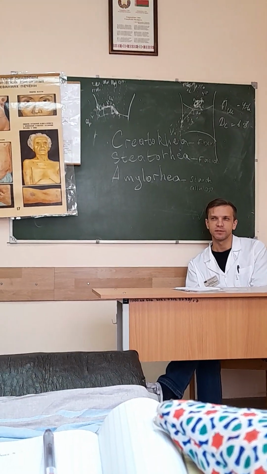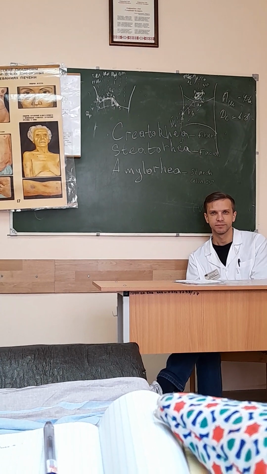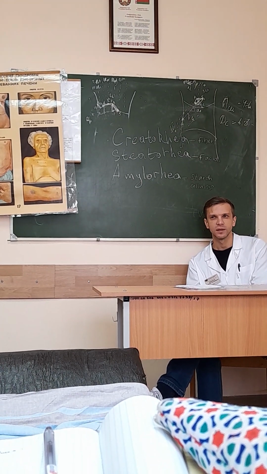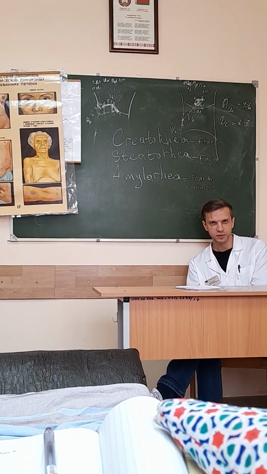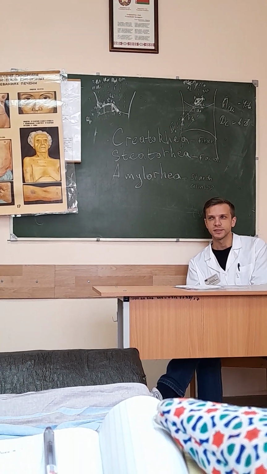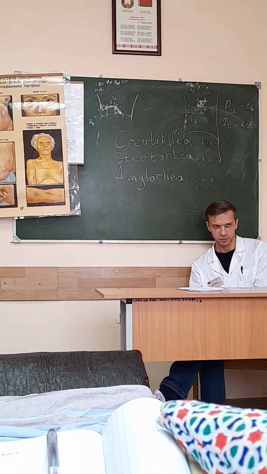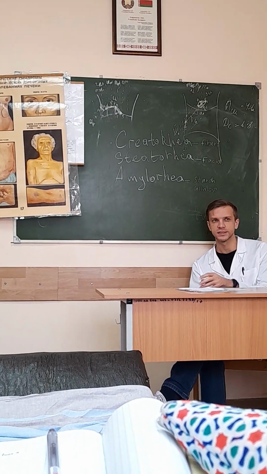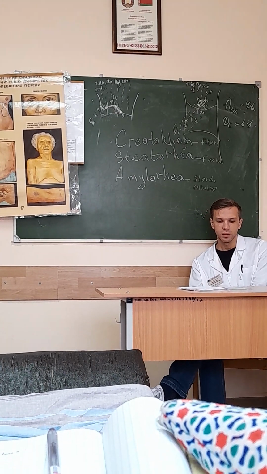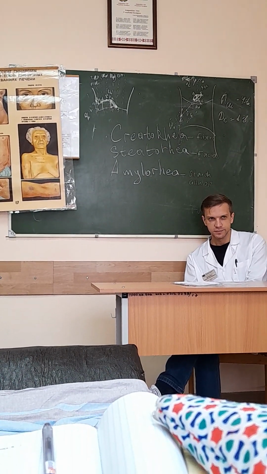What if level of urea and creatinine are decreased? Liver problems. So liver does not produce these compounds. It is part of liver hepatocellular incompetence syndrome. This syndrome we will make summary of later. Next indicator is uric acid.